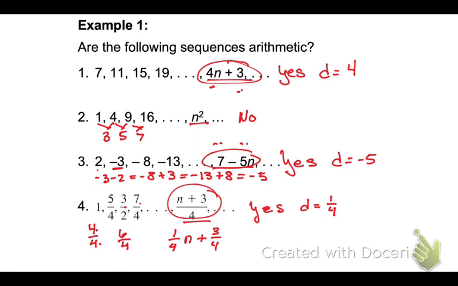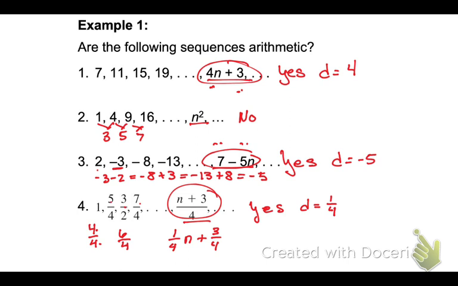Where is the common difference? Big math words, use them. With the n, what is that? The leading coefficient, or just coefficient in this case, because in something like 7 minus 5n, it's not leading. But yes, it's the coefficient. The coefficient of n is going to tell you what your difference is.